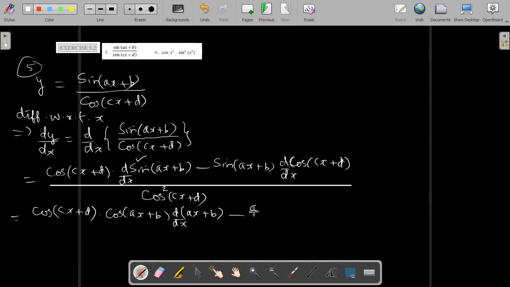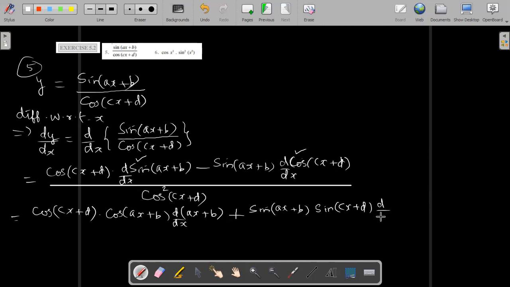And minus sine ax plus b. Similarly, ax plus b as it is, and outermost is cos. Its differential is minus sine, so either you write minus in bracket, or that minus and this minus will become plus. The differential of cos is sine cx plus d, and go inside this function, you will find cx plus d.